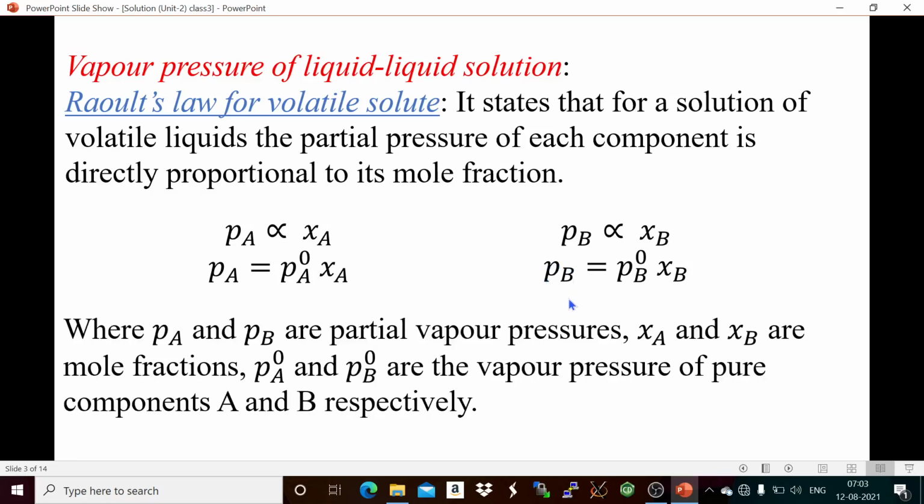So PA, PB are the partial pressures, XA, XB are the mole fractions, and PA naught, PB naught are the vapor pressures of the pure components A and B.